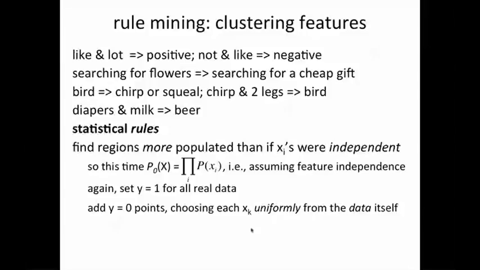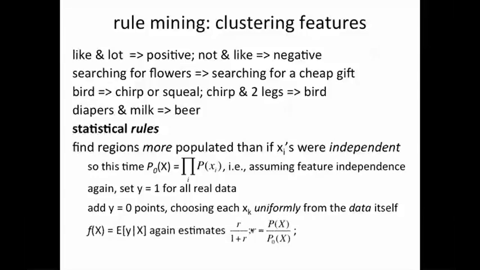Similarly, the probability of choosing four legs is simply dependent on how many times four legs occurs in the data rather than any other feature occurring alongside that. So instead of comparing the actual data to random data, one compares it to artificially generated data where each feature is chosen independently.